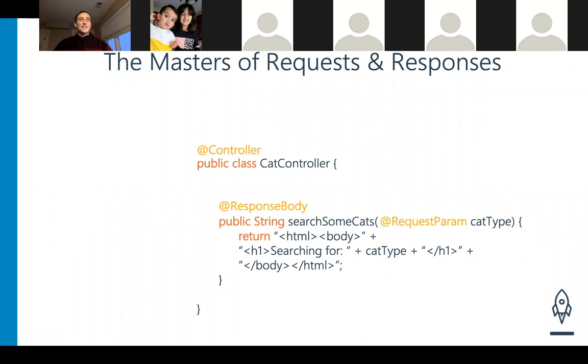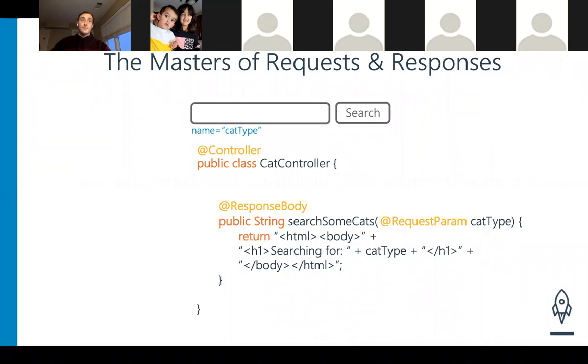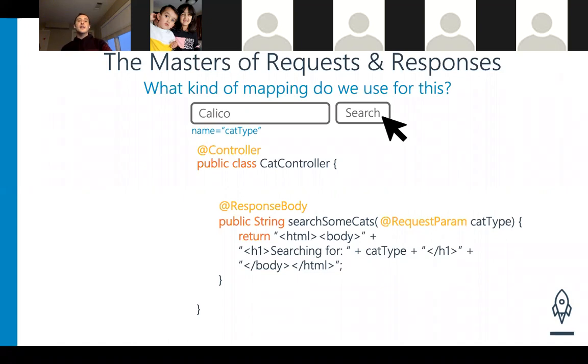So we're going to have here a text box, and this text box name is going to be cat type. Now just stick with me here on this hypothetical HTML. I'm going to type in calico into this text box and then click search. Can someone tell me what kind of mapping do we use for this?